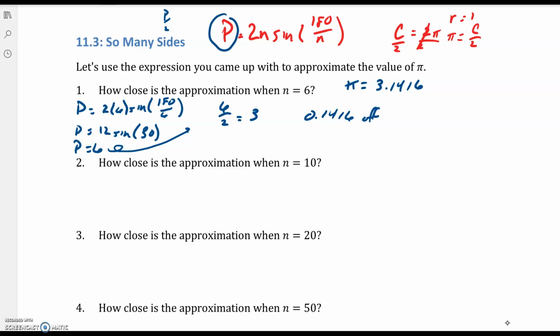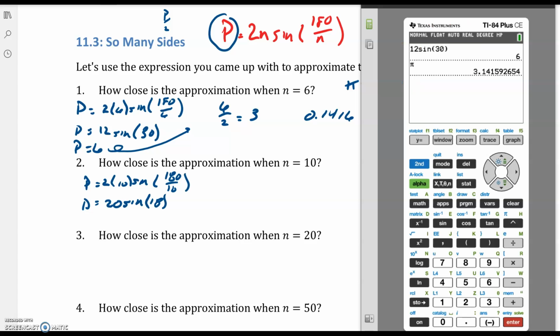What's going to happen with our approximation when my number of sides is 10? What I want you to realize is that as we go through these, we are adding side lengths, which means we are getting closer and closer to actually having a circle. So let's look at our perimeter. When my n value is 10, it'll be 2 times 10 sides times the sine of 180 divided by 10. So my perimeter is going to be 20 times the sine of 18.